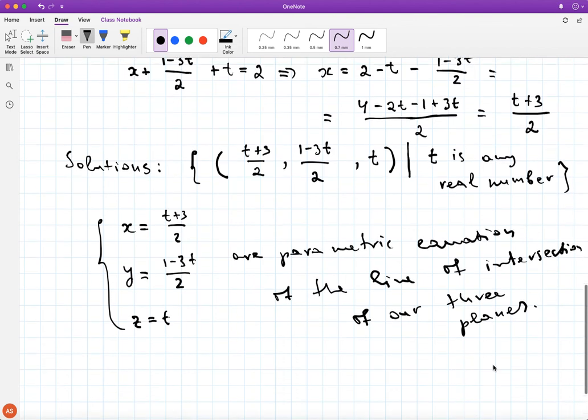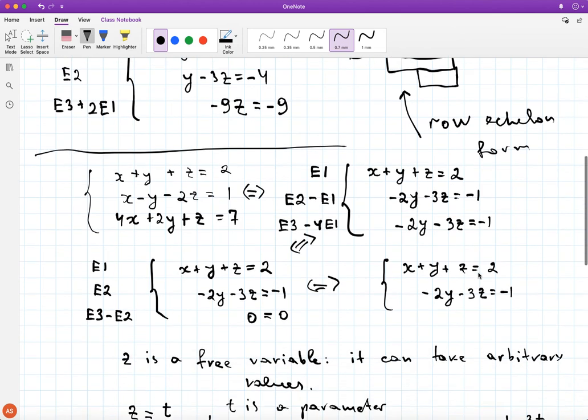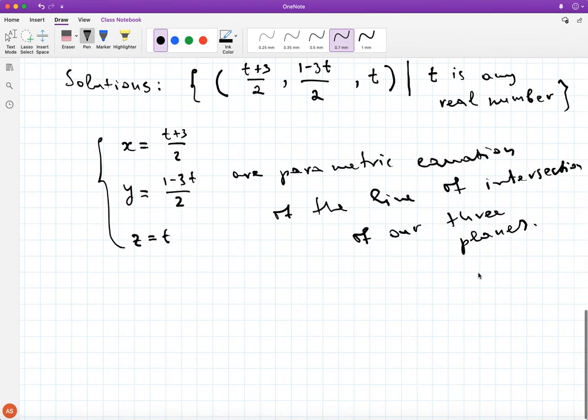And which three planes? Specifically the three planes which are the graphs of the equations in our system. This concludes this example of how to use the elimination method and the parameters to solve a dependent system of linear equations.